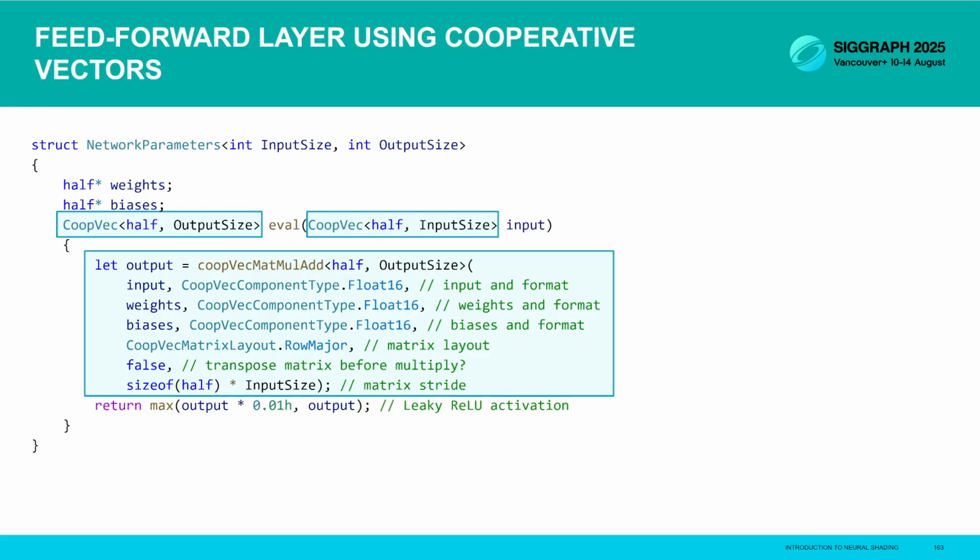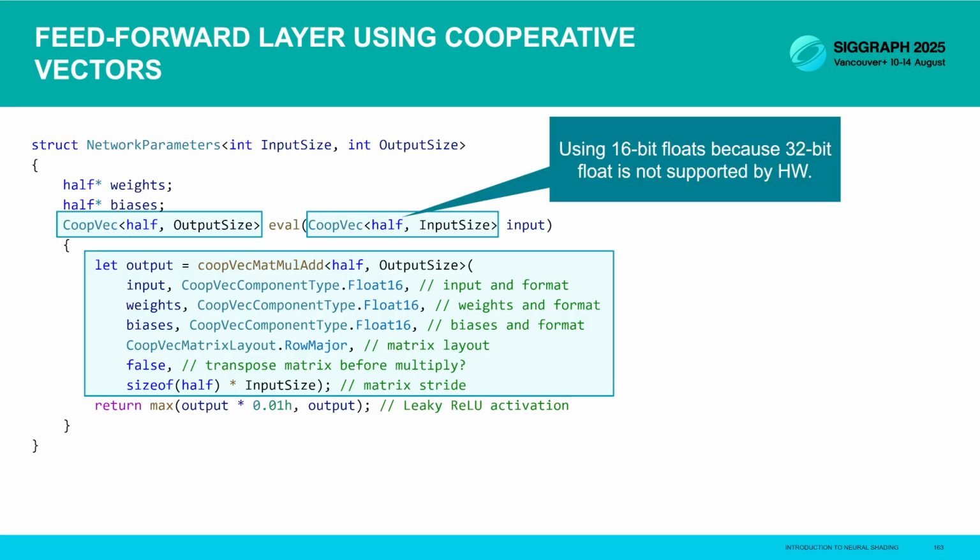Here in the intrinsic call, we are specifying the input vector, the address to fetch the weights and biases, and also some additional arguments that define the memory layout of the weights matrix. Here we are specifying a simple row major layout and 16-bit float encodings for the matrix components. There are many other layout options that are more efficient, but we will leave this part to the next section of the course.